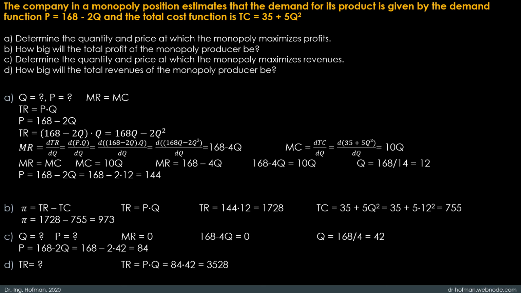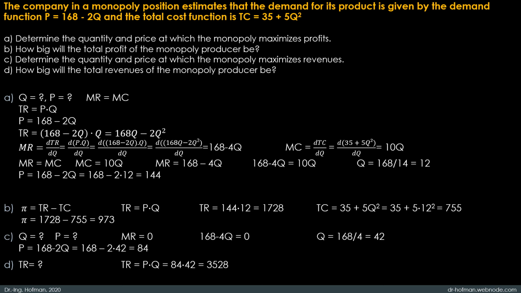We know also that the total revenues is given by P times Q. Price is 168 minus 2Q, that's the equation of demand which was given, and the quantity is what we are searching for. 168Q minus 2Q squared are then the total revenues.